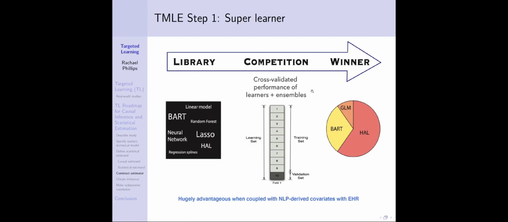Cross-validation sets up a playing field to evaluate the performance of these estimators. This is an example showing tenfold cross-validation, where we have our learning set of data. We split it into 10 different subsets that are independent from each other. And then we can train these algorithms on 9/10 of the data and evaluate their performance on 1/10.